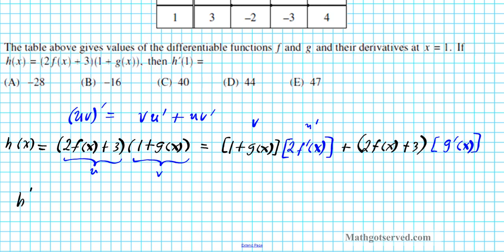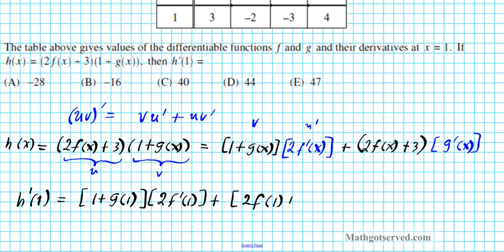You differentiate first, now we're going to evaluate, okay? H prime of 1 is simply going to be 1 plus g of 1, okay, times 2 f prime of 1 plus 2 times f of 1 plus 3 times g prime of 1. What did I just do?